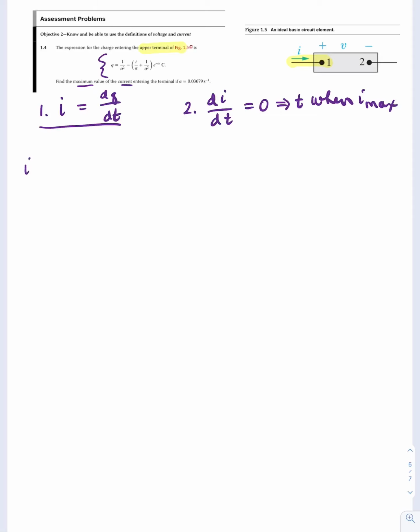So I of t is equal to the derivative of 1 over alpha squared minus t over alpha plus 1 over alpha squared times e to the minus alpha t. So that would give us the derivative of a constant is 0.